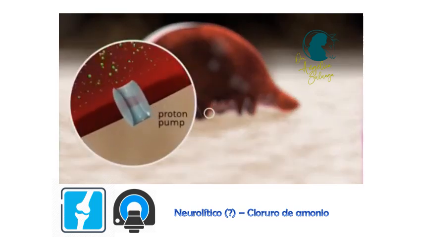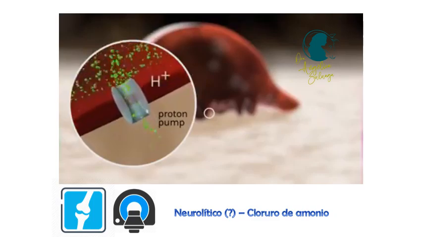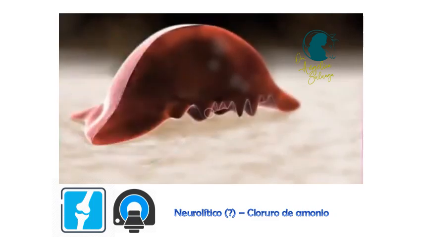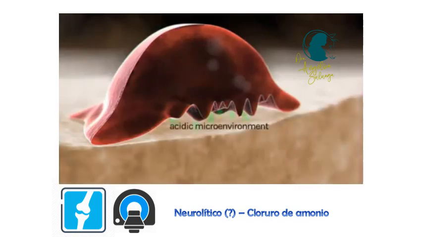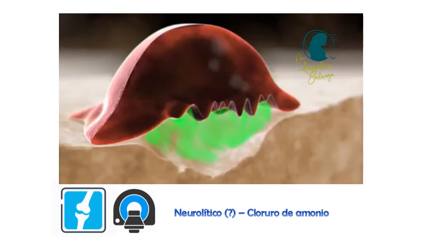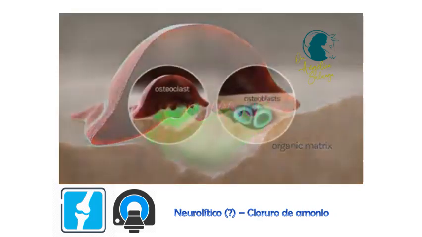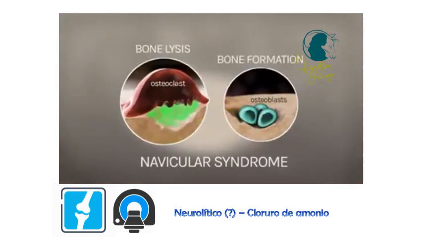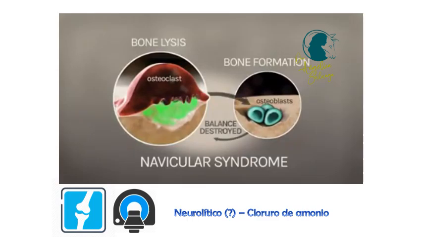Proton pumps in the osteoclast membrane move hydrogen ions from inside the cell across the ruffled border, creating an acidic microenvironment. This acidic environment allows lysosomal enzymes from the osteoclast to degrade the organic matrix of the bone. In navicular syndrome, bone lysis outpaces bone formation.